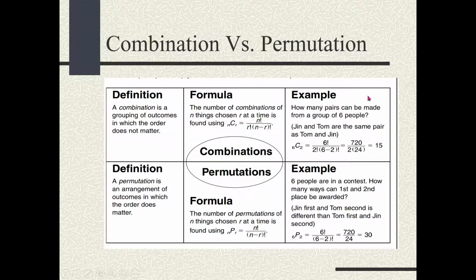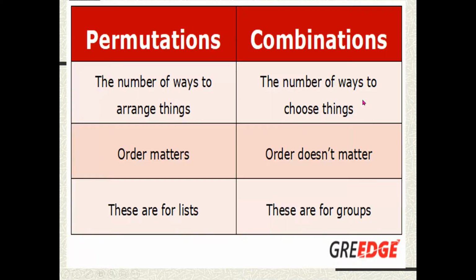So we were interested in making a pair. In permutation order matters, in combination order doesn't matter. Generally permutations are for list arrangement, whereas combinations are for groups or pairs, right?